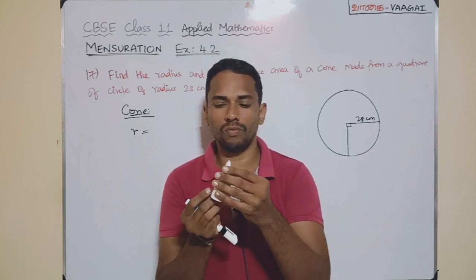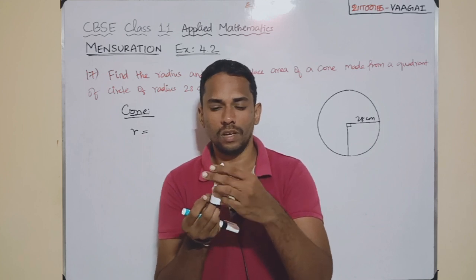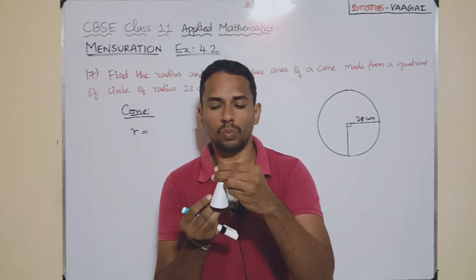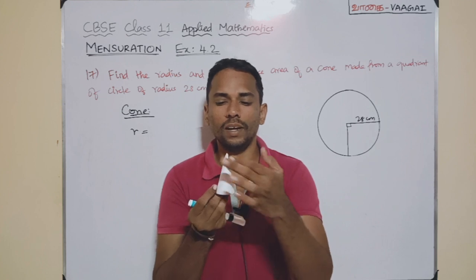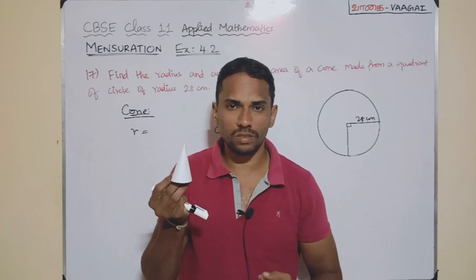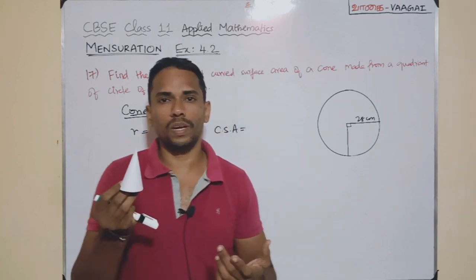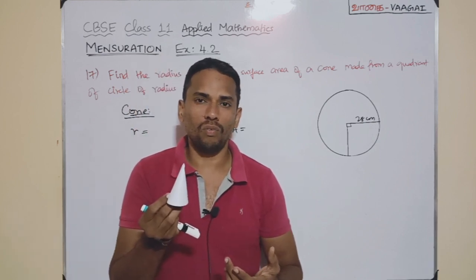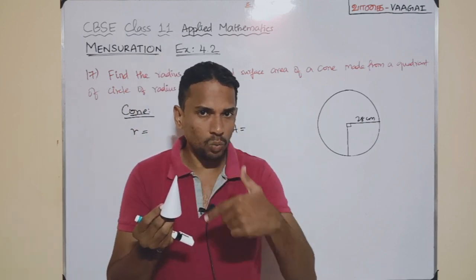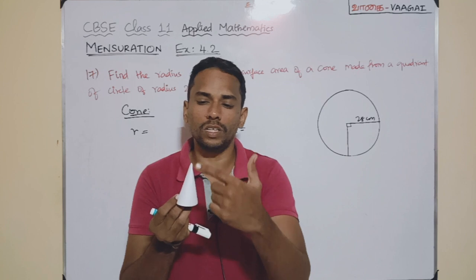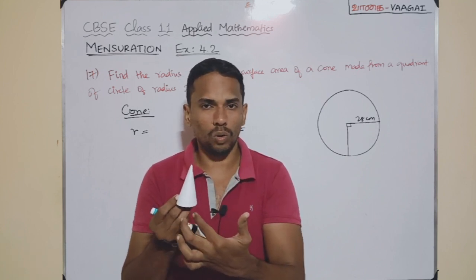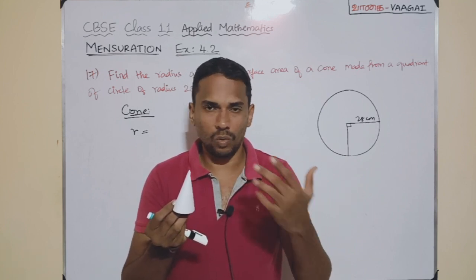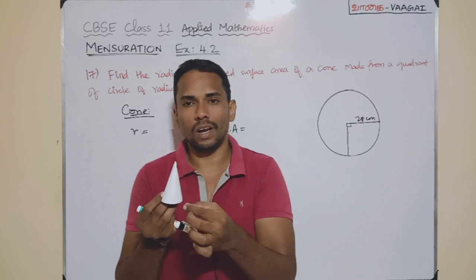The radius of the quadrant now became the slant height of this cone. Do you agree with this? Yes or no? Yes. So that means the radius of the quadrant is now the same as the slant height of this cone. Please have this link. Now you'll be easily able to recognize and understand it.